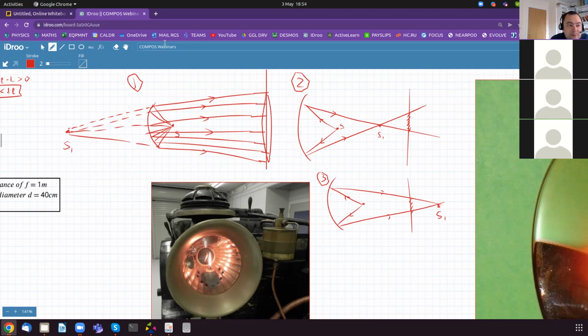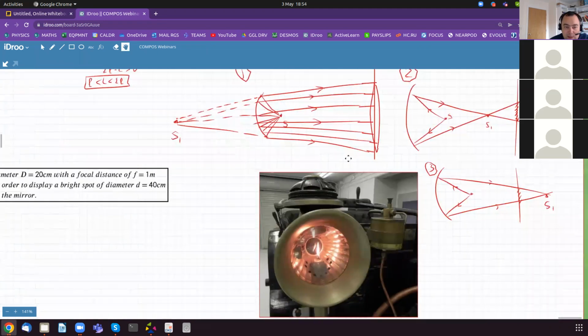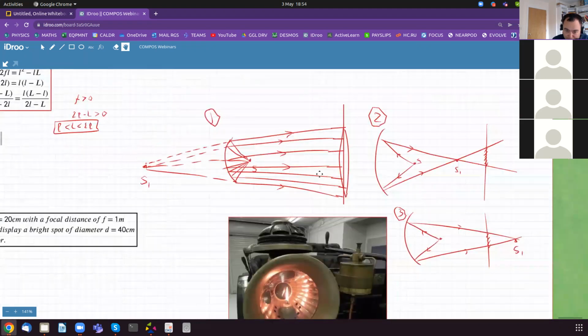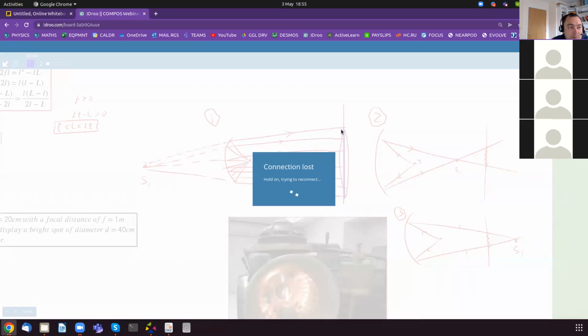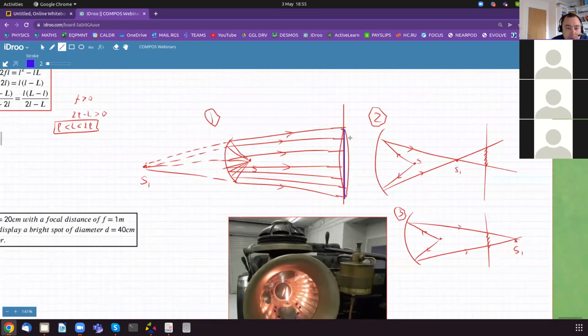So we need to look at 3 possibilities. The diagrams are not particularly accurate, but I don't want to redraw them. So I'm just going to draw that this is D. This is the diameter of the mirror. This is the diameter of the spot.